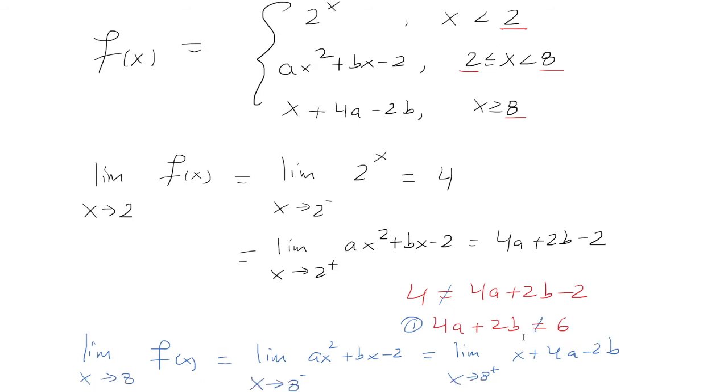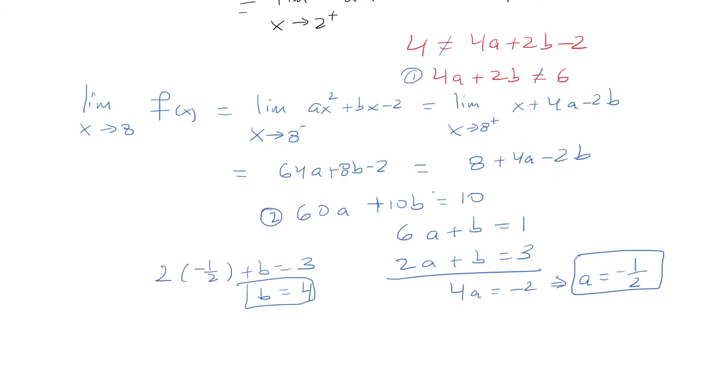You don't want 4a plus 2b to be equal to 6, but you want... I said that wrong. You don't want 2a plus b to equal 3, but you want 6a plus b to equal 1. Because this was the limit as x approaches 2. That's where we got the equality from. And then the bottom one is the limit as x approaches 8.